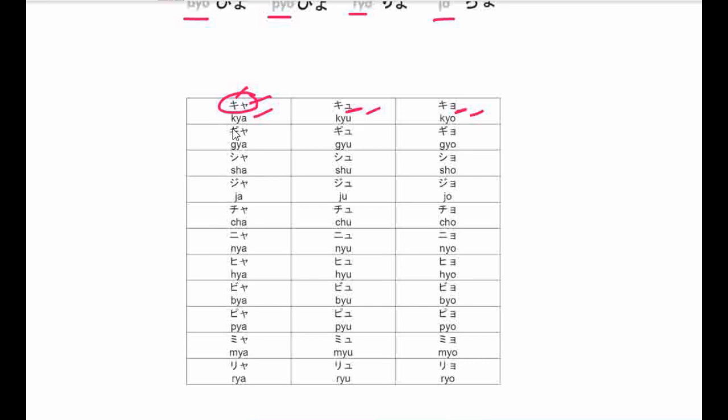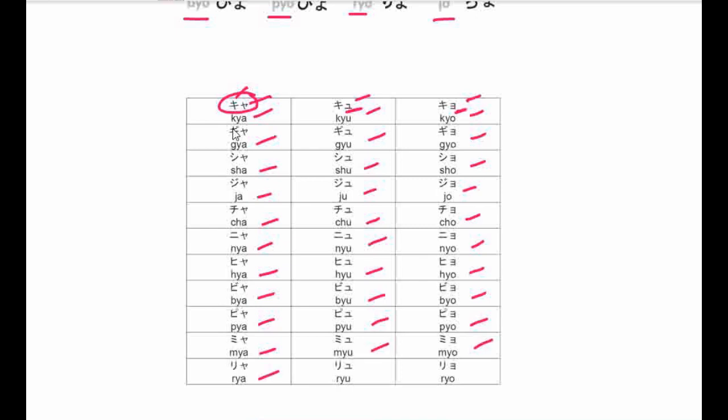So here the small versions of ya, yu and yo are used from katakana. Otherwise the sound will remain the same. So here gya, gyu, gyo, sha, shu, sho, ja, ju, jo, cha, chu, cho, nya, nyu, nyo, hya, hyu, hyo, bya, byu, byo, pya, pyu, pyo, mya, myu, myo, rya, ryu, ryo.